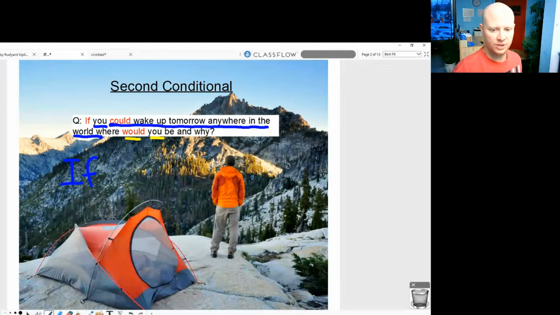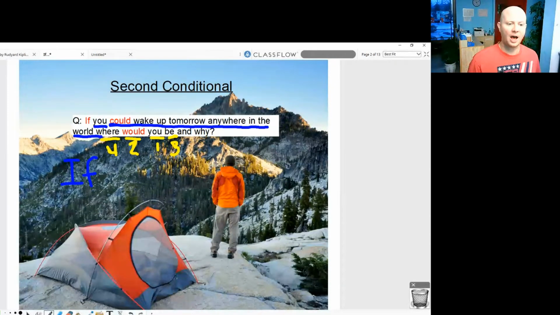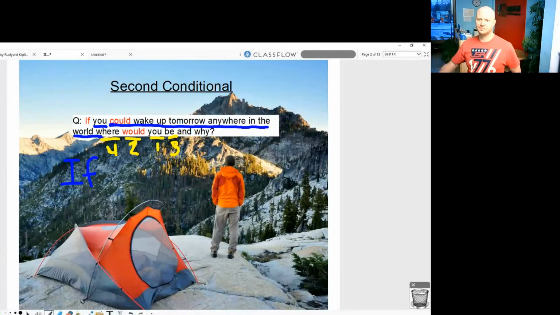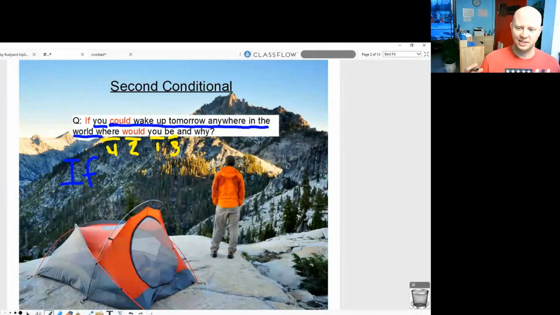I would be where? This order. So I would be at home in my bed, or I would be, like the picture, in the mountains. So I'll say the full answer.